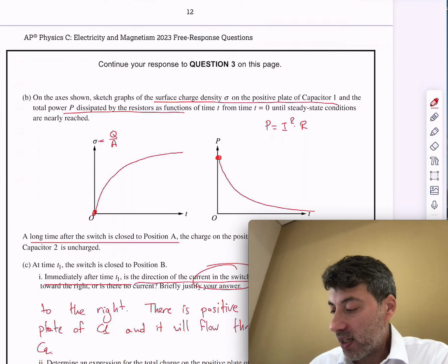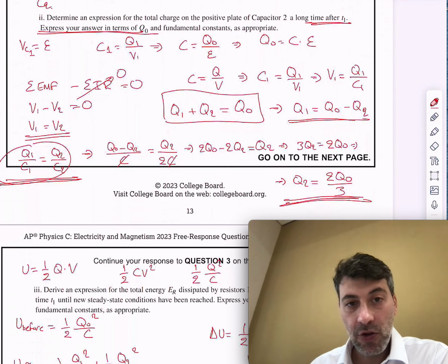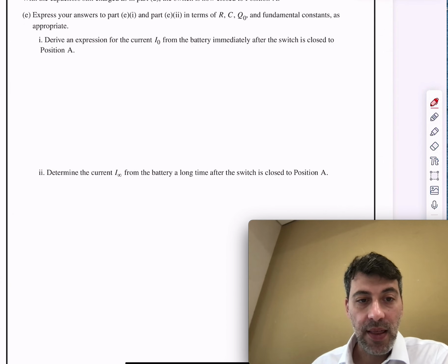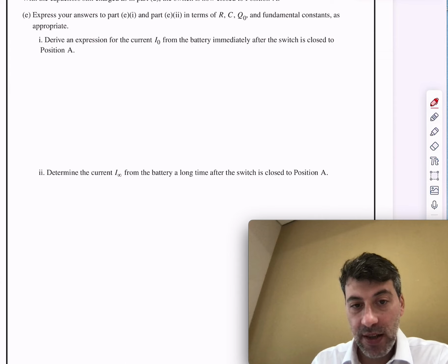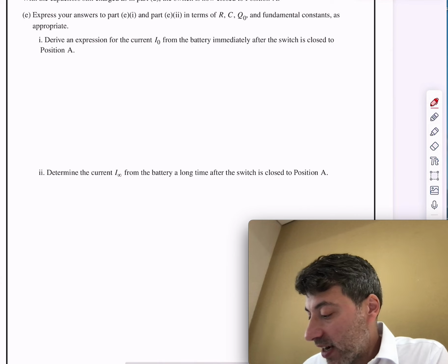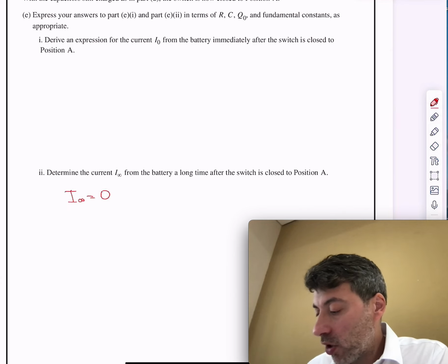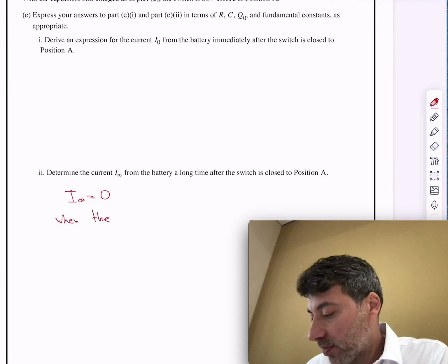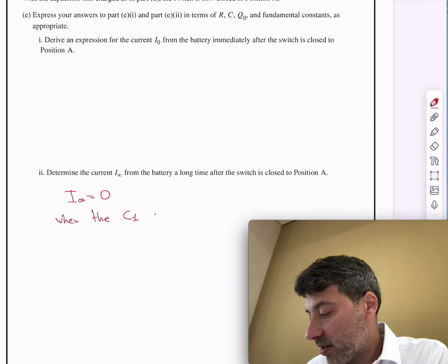So it is very easy to answer the second part, that we need to determine the current a long time after we switched the switch to position A. So the current after a long time will be 0. If there is a need for a justification: when the capacitor is fully charged, there is no current.